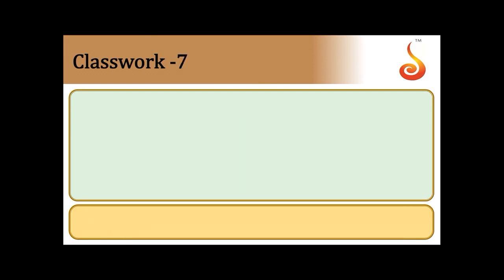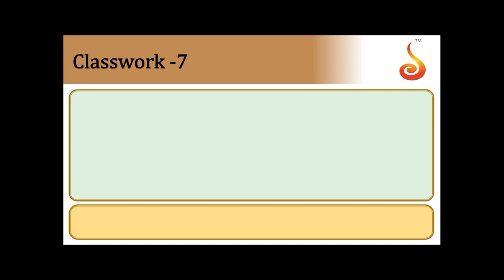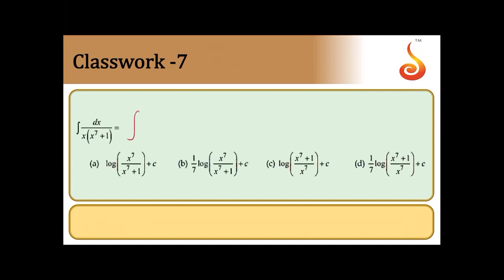Yes. Coming to the next one, the integral of this can be written as integral 1 by x into x power 7 plus 1 dx. This can be written by taking x to the power of 7 common, and therefore this could be written as the integral of 1 plus 1 by x to the power of 7, to the power of minus 1, x power 7 taken common, 1 by x to the power of 8 dx.